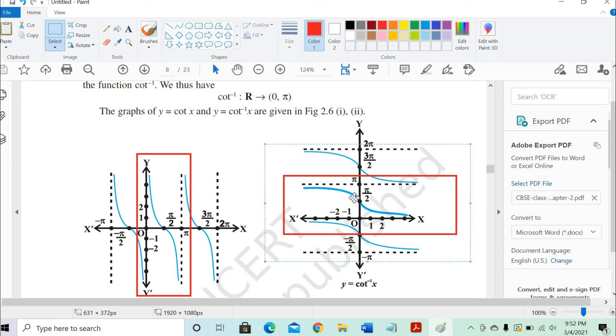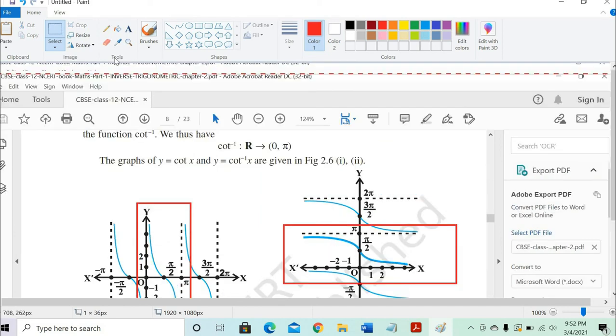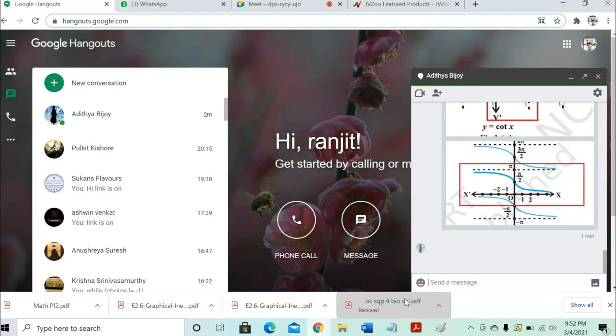Clear? So let's write down the cot inverse range: real values between 0 and pi.